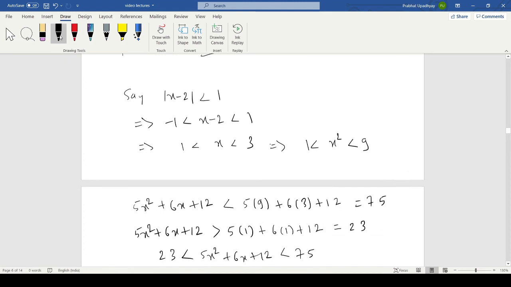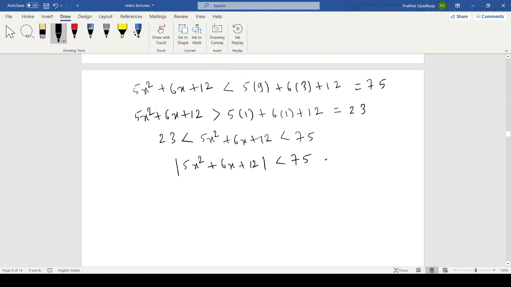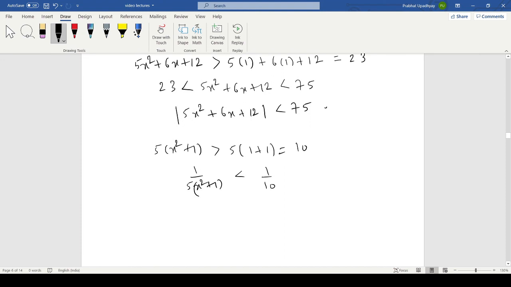Now let's see the denominator. In the denominator I have 5 times x square plus 1, and x square plus 1 is positive. So 5 times x square plus 1 you can say is greater than 5 times 1 plus 1, which is 10, because x square is greater than 1. So you can say 1 upon 5 times x square plus 1 is less than 1 upon 10.